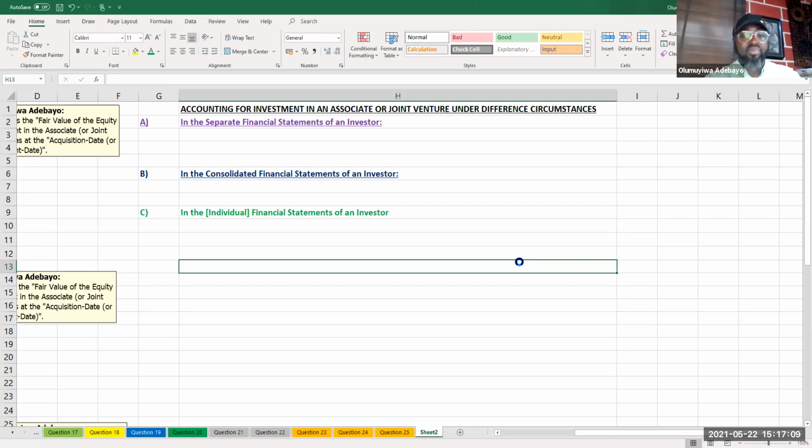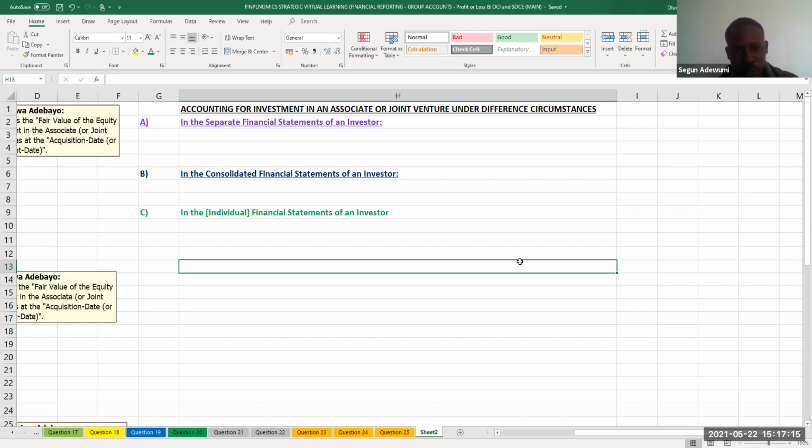Okay, the separate financial statement of an investor is as required by the provision of the standard, for which there are no intercompany adjustments.